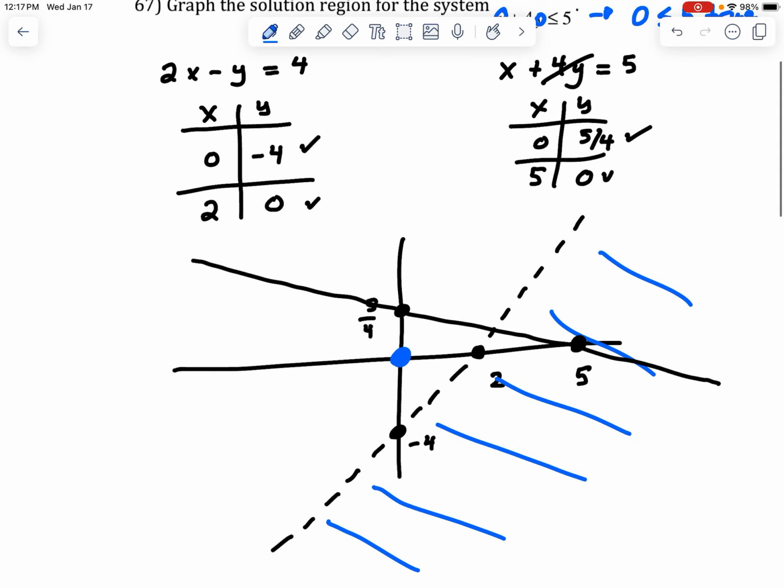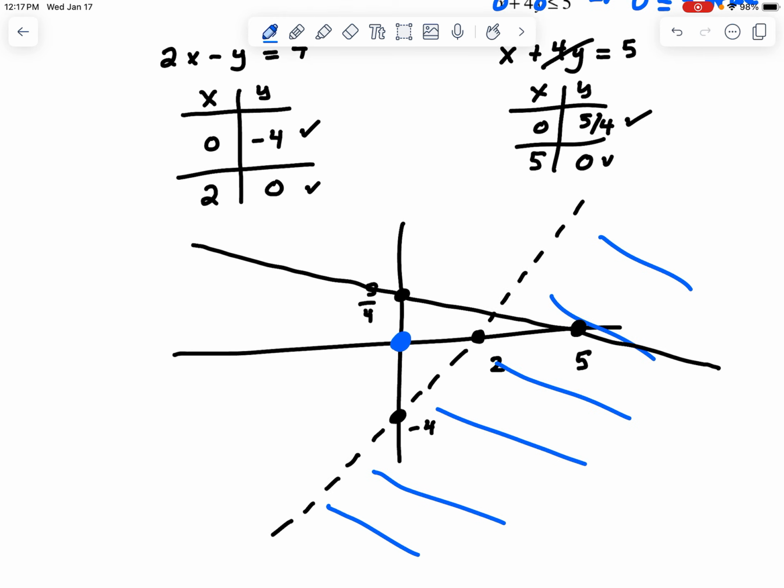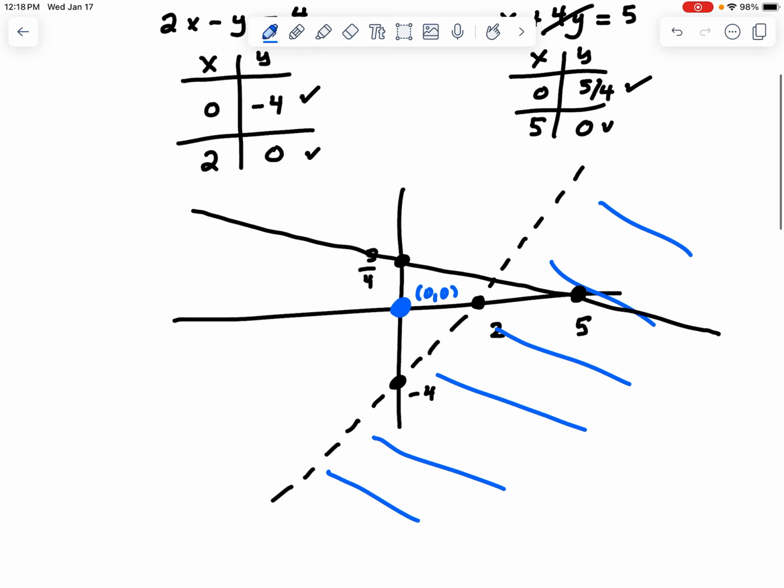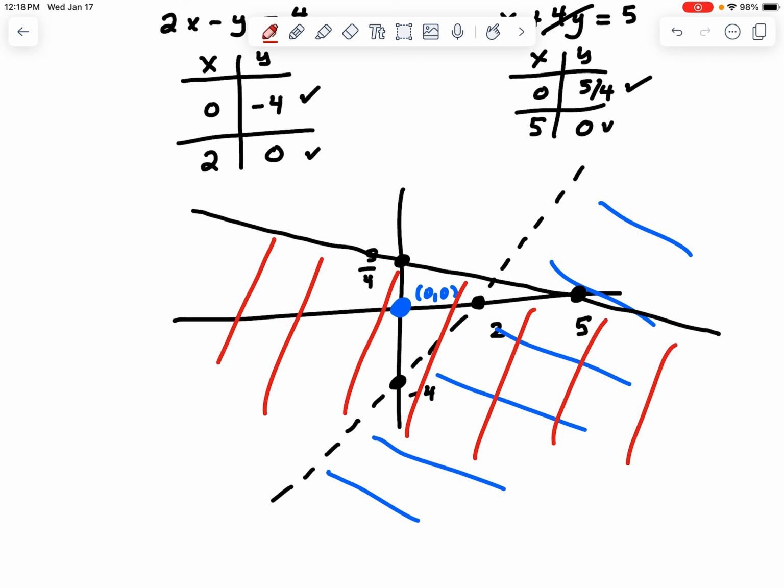So if you look at the black line, and I just tested 0, 0, the shading has to be where the 0, 0 is. So that means it has to be below the solid line.